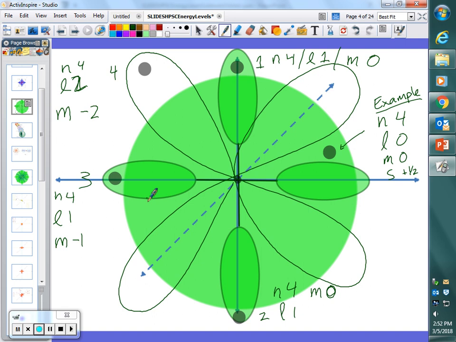Hold on. Where'd you get that? Don't erase anything just yet. You're tricking me. Not tricking you. There is more than one correct answer for this exercise.